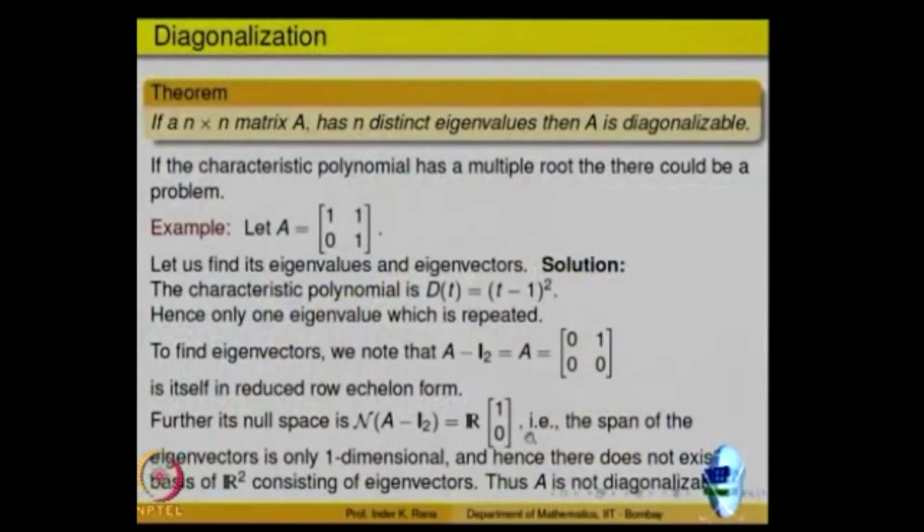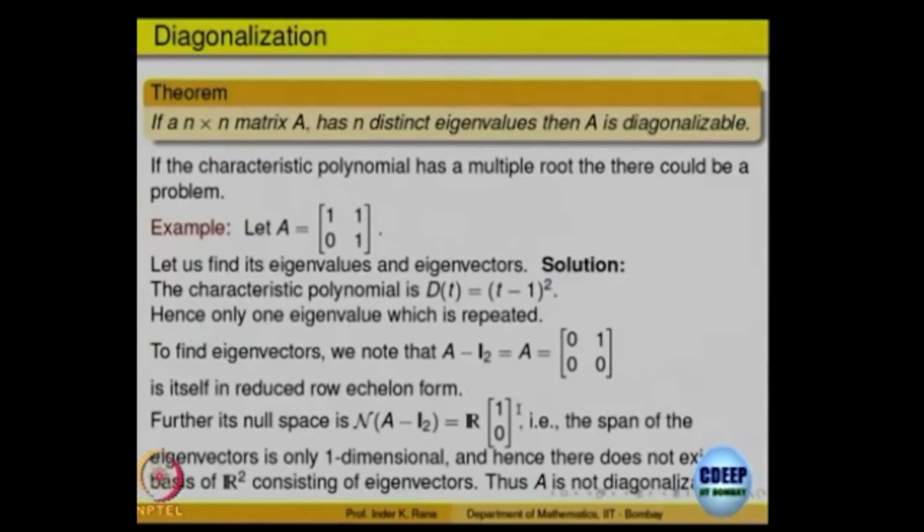The solution space of A minus lambda I, lambda being 1, is of dimension 1, and you get a vector which spans it. So (1, 0) is one of the vectors. So there is only one eigenvalue and that is repeated, but there is only one eigenvector.